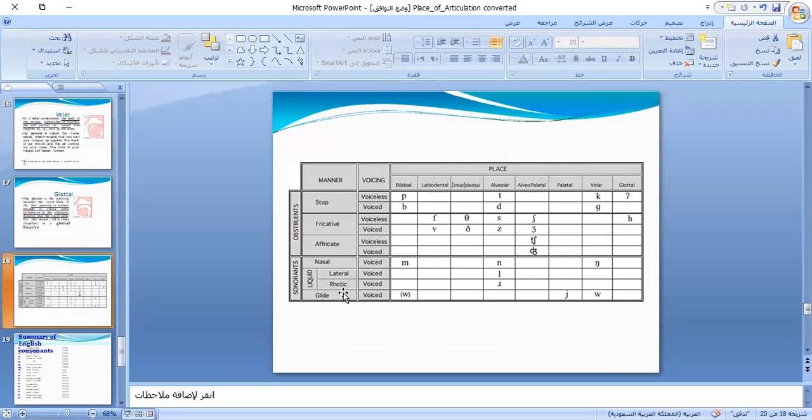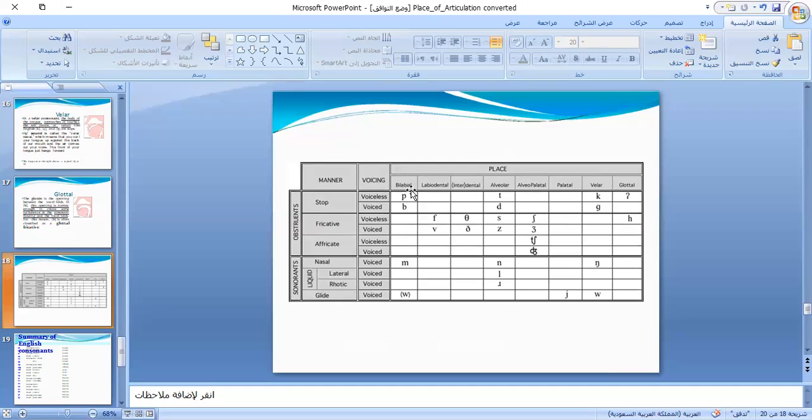Some words you haven't taken, however. And here, the place of articulation: bilabial, alveolar, palatal, velar, glottal, interdental, labiodental. You see here the place of articulation and how they are classified.